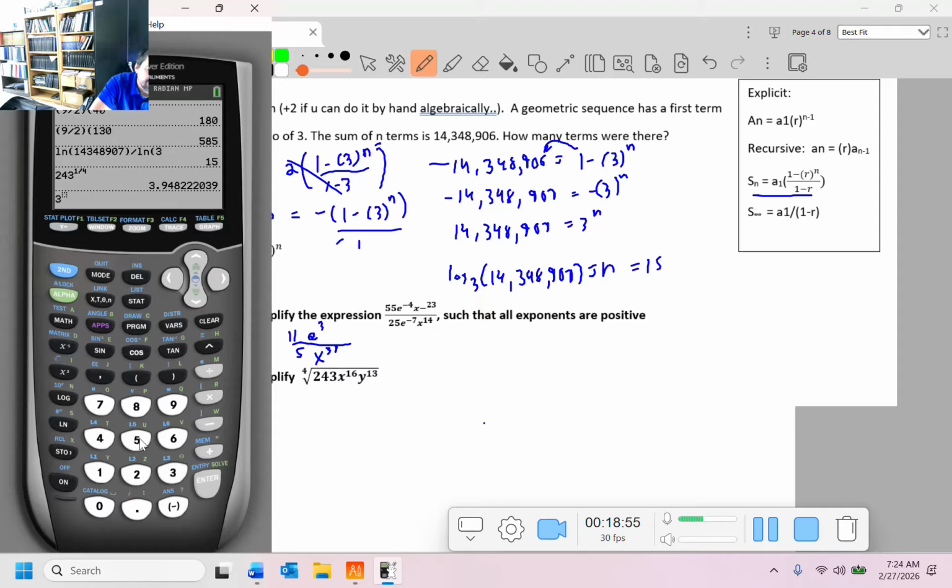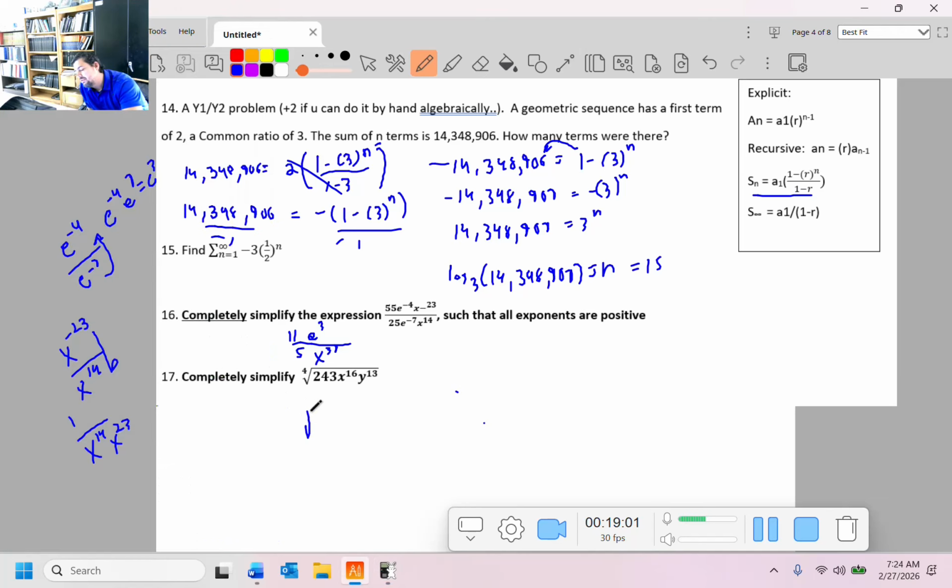That's what I get for talking smack, isn't it? 243 is 3 to the 5th. So what I do is I realize that this is 81 times 3. The 4th root of 81 is 3. There's going to be a 3 on the outside, and there's still going to be a 3 on the inside. Now 4 enters 16 4 times with 0 remainder. 4 enters 13 3 times with a remainder of 1. There you go.